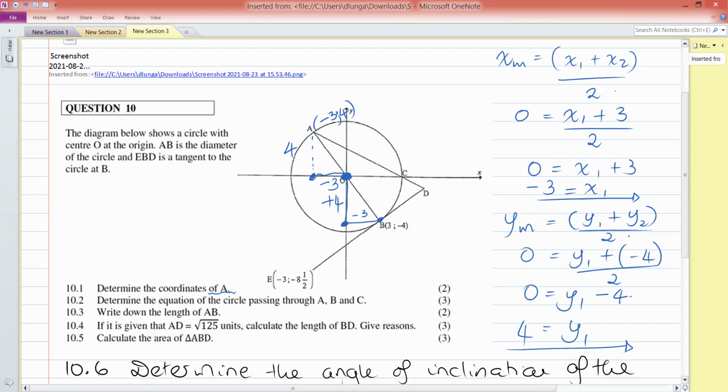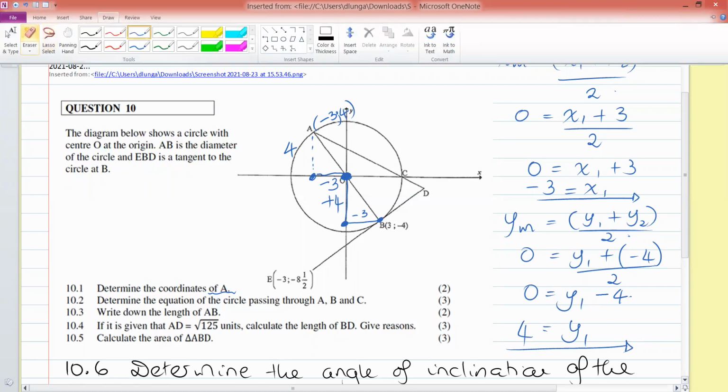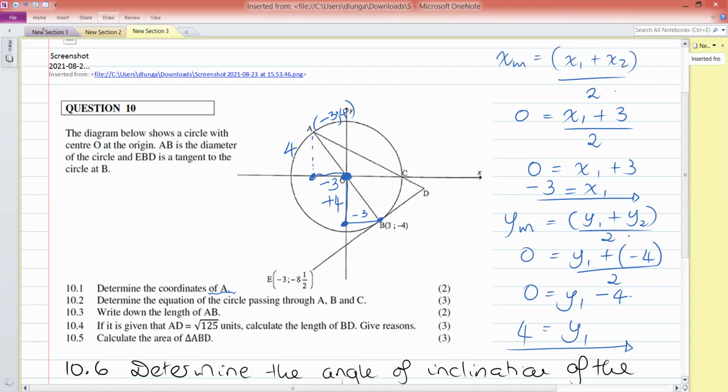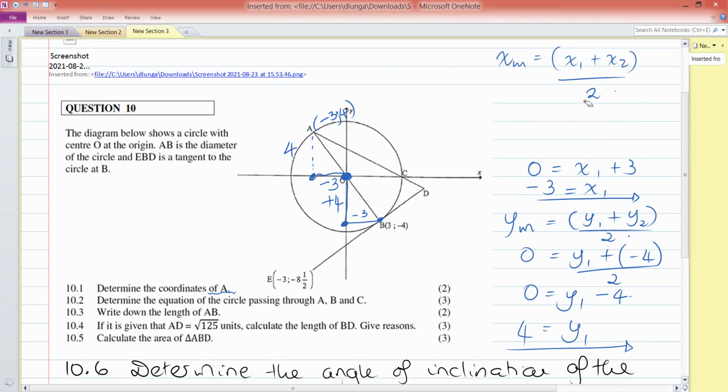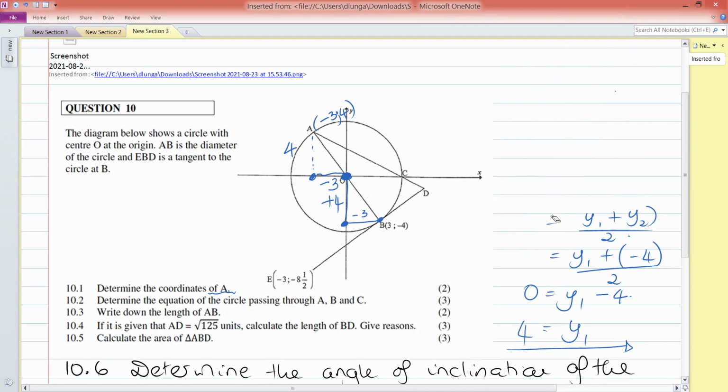10.2. Determine the equation of the circle passing through A, B, and C. So for this question, look at the information they tell you, or look at the diagram you have there. They tell us that the circle has center at which point? The origin.